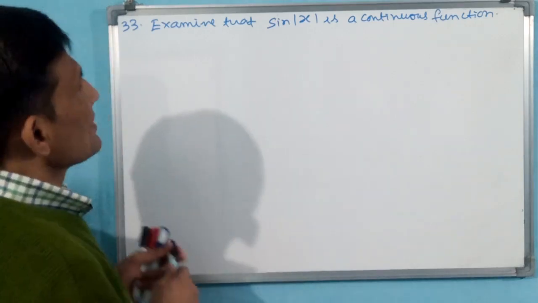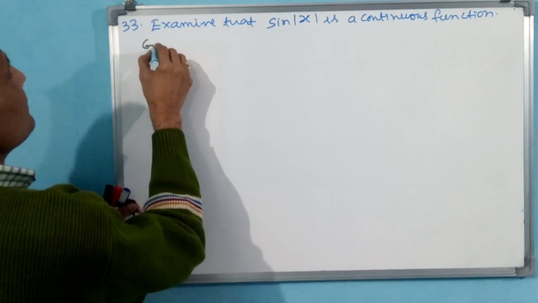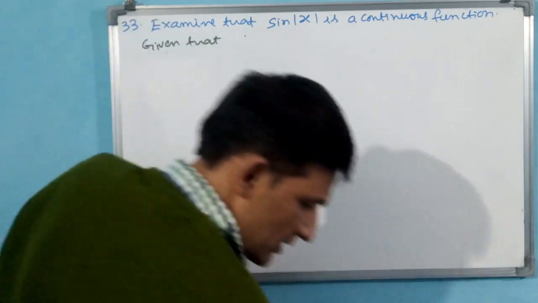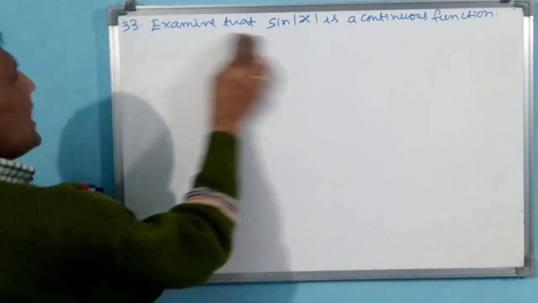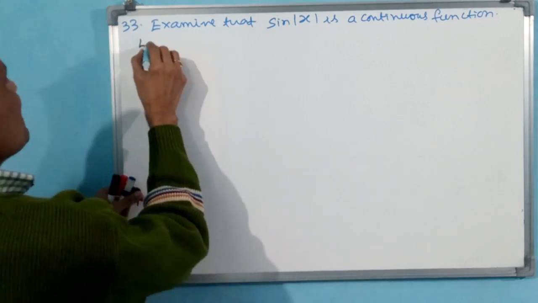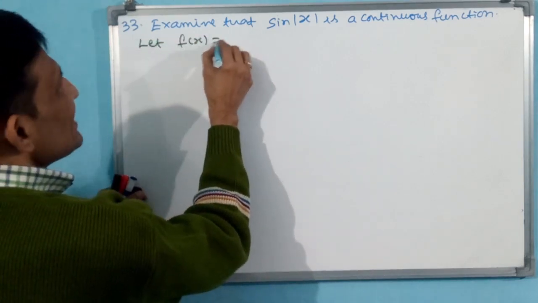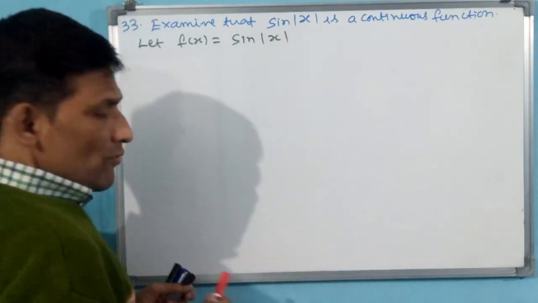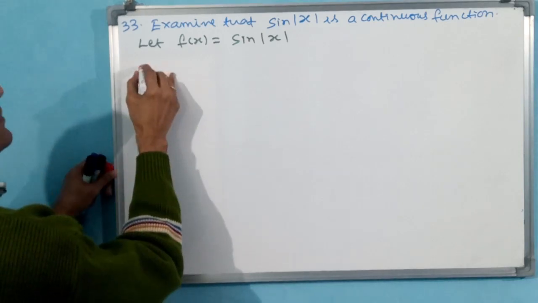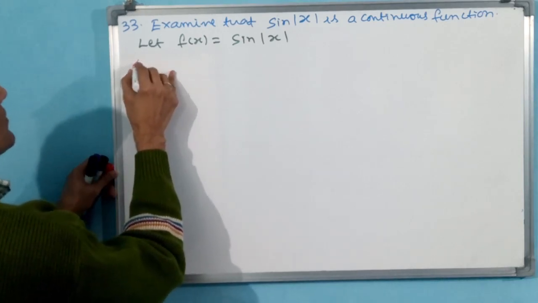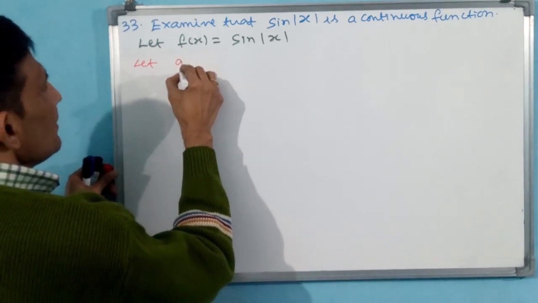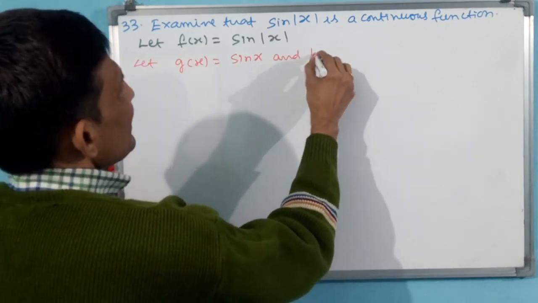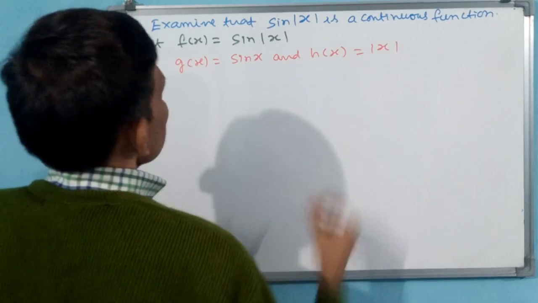See what I am writing. Given that f of x is not given, then you take, let f of x is equal to sine of modulus x. Now again write, let g of x is equal to sine x and h of x is equal to modulus x.